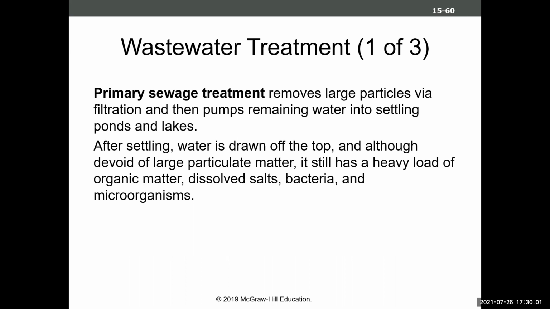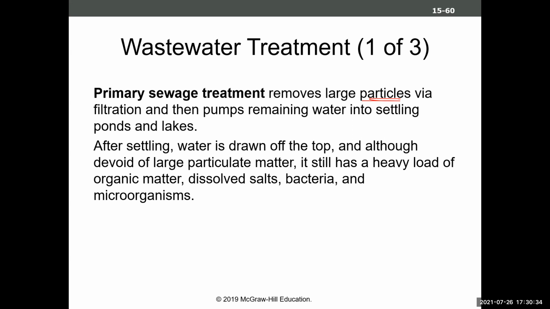Next, looking at water treatment and basically how we treat water. We go through different stages of water treatment at water treatment facilities that will remove certain pollutants depending on the stage of treatment. Primary sewage treatment removes large particles through a filtration process and then pumps the remaining water into settling ponds and lakes.